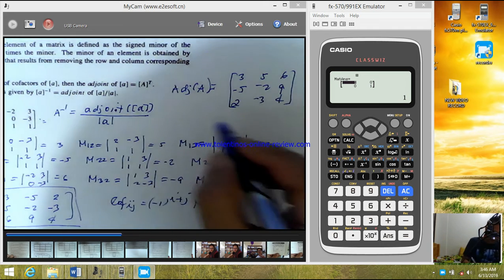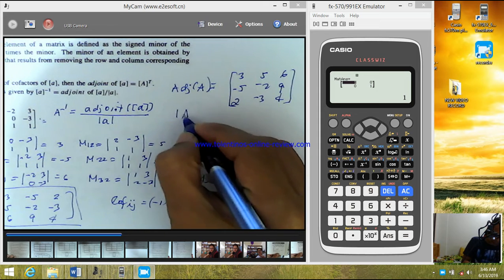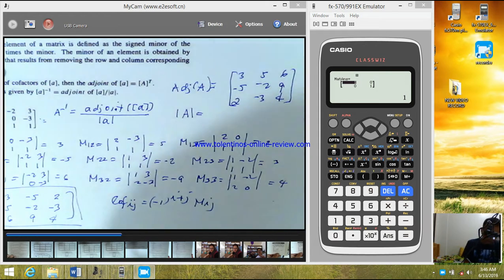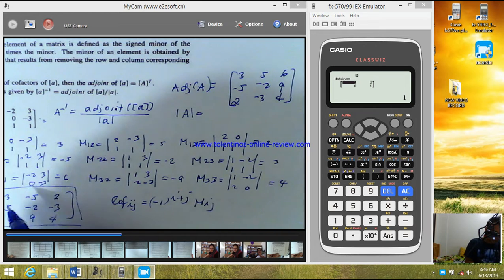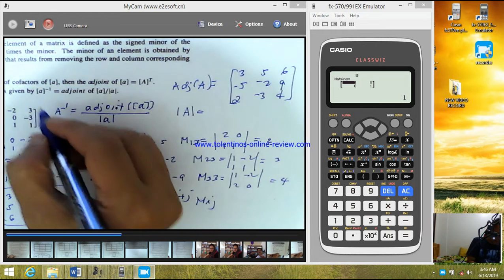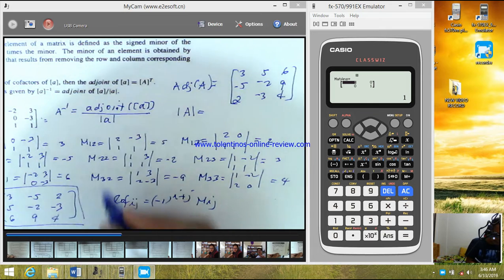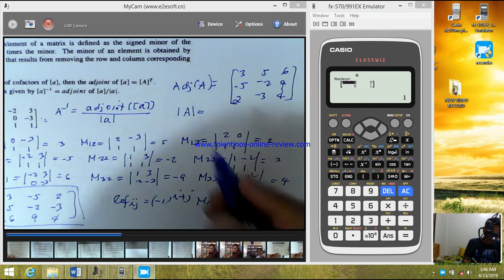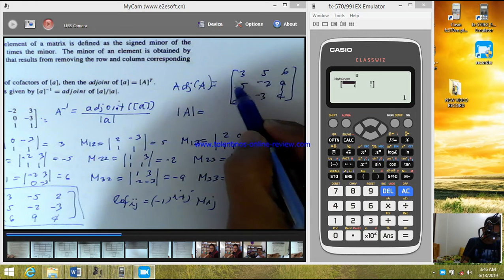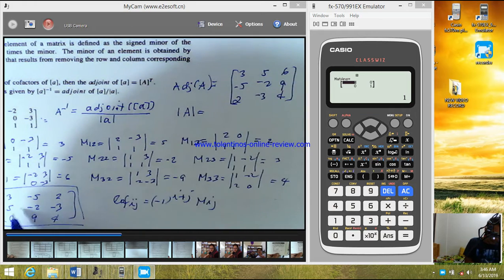And then you have to find the determinant of A. Your determinant of A can be found by multiplying the elements by their cofactors.